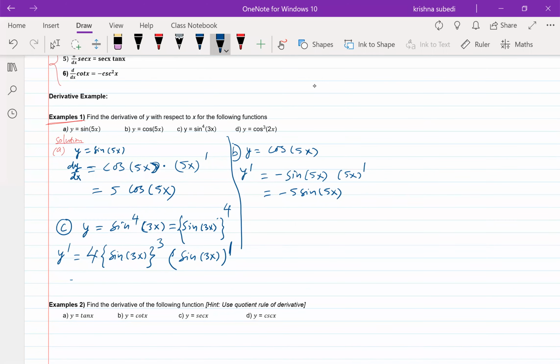So 4 sine cube, and then the derivative of that using the chain rule again. So sine changes into cosine 3x, and then the derivative of 3x is actually 3. I can write that directly now. So your answer is going to be 4 times 3 is 12: 12 sine cube 3x and cos 3x.